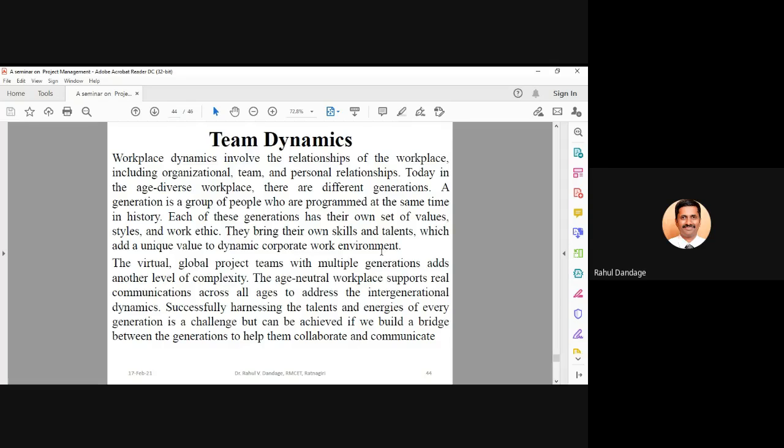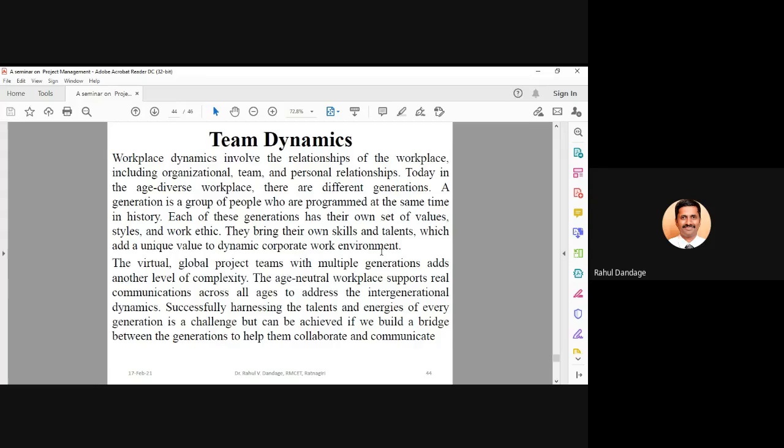But when you go for virtual teams, especially at the global level, you will have people from a variety of cultures, backgrounds, and generations, and their values, styles, work ethics, thinking ability, and working conditions will all be different. This adds another level of complexity to the project team.